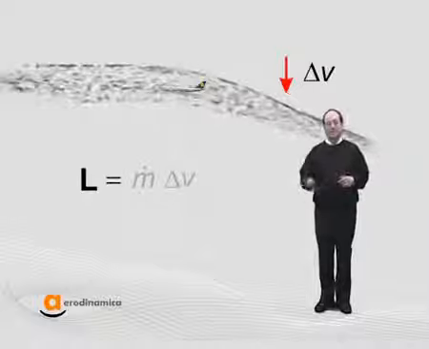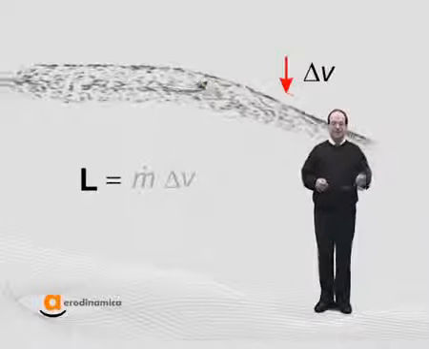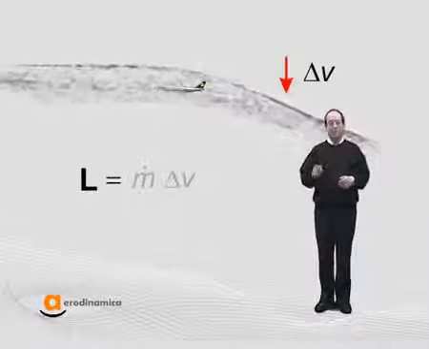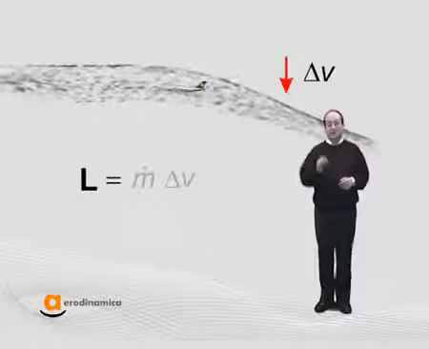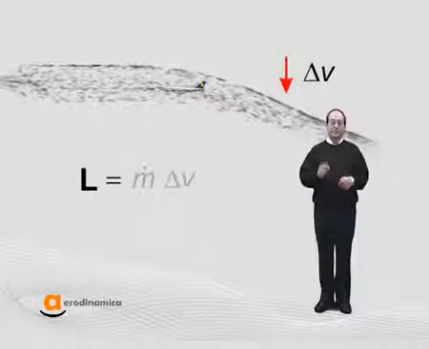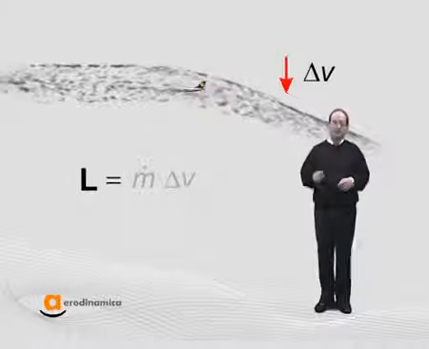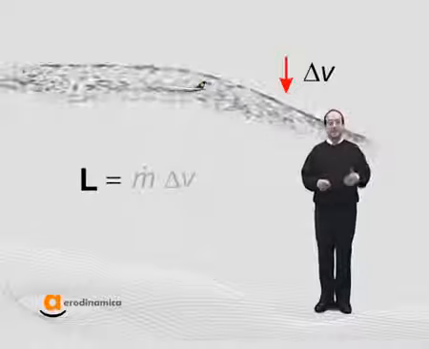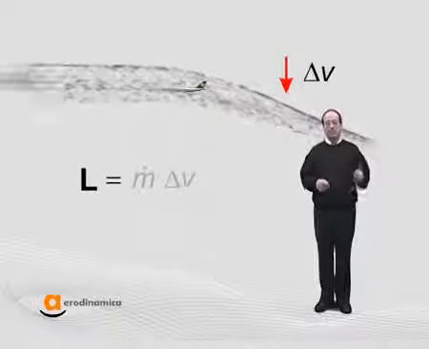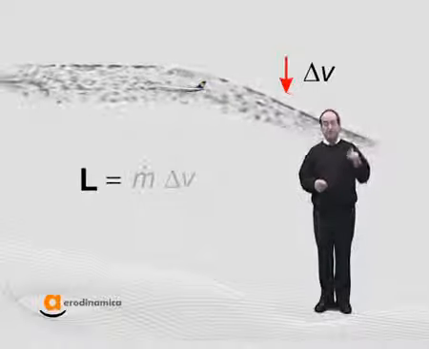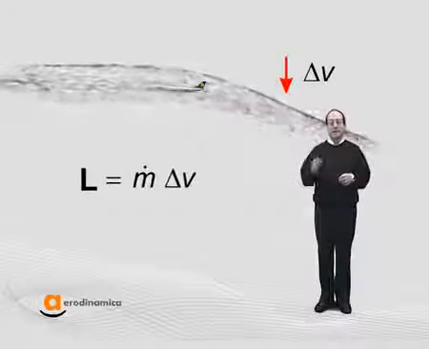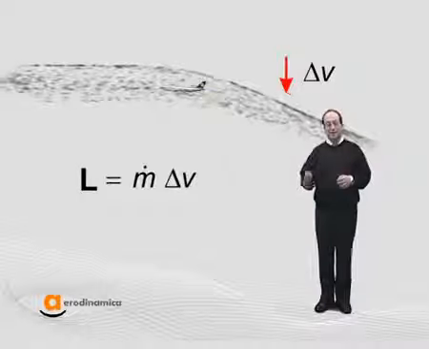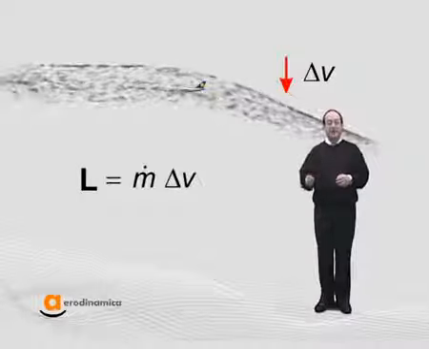Both in the case of the rocket and in the airplane, the reaction force is given by the variation of the momentum given to the fluid in the time unit. For the wing, the lift will be equivalent to the multiplication of the mass of the air moved down in the time unit, called m dot, by the variation of the average speed, delta v, produced by the wing in the air.